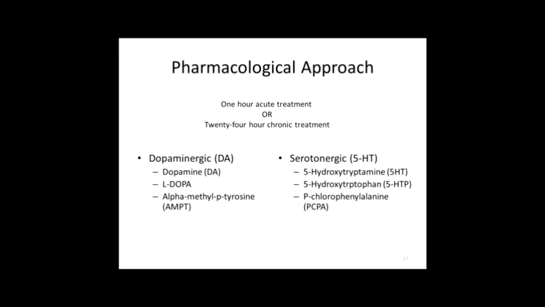For the dopamine experiments, I used dopamine itself, L-dopa, which is the precursor to dopamine, and alpha-methylparatyrosine, which is an enzymatic inhibitor of the dopamine pathway. In the serotonin family, I used 5-hydroxytryptamine, which is serotonin itself, 5-hydroxytryptophan, which is a precursor to serotonin, and parachlorophenylalanine, which is another enzymatic inhibitor of the serotonin pathway.